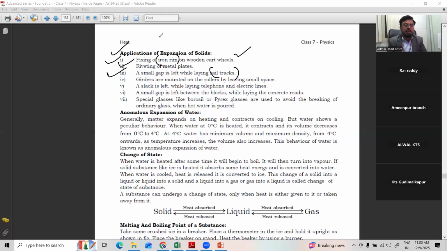Next, girders are mounted on rollers by leaving a small space. Whatever girders they place over rollers, they leave space, because they expand during summer. Also, slack is left when laying telephone and electrical lines. When you go outside, you can see the wires look very loose, telephone wires or electrical wires.